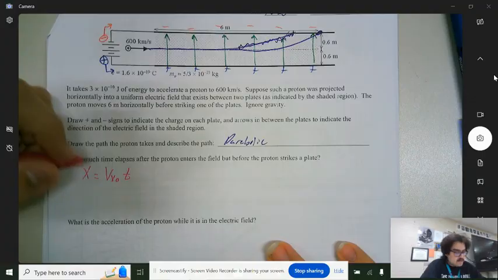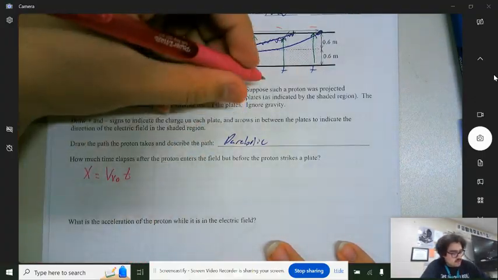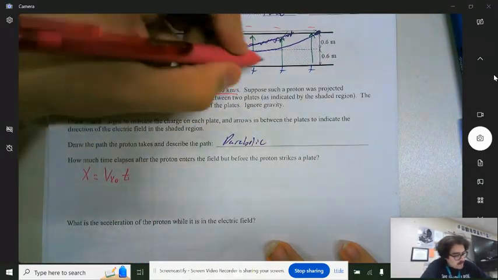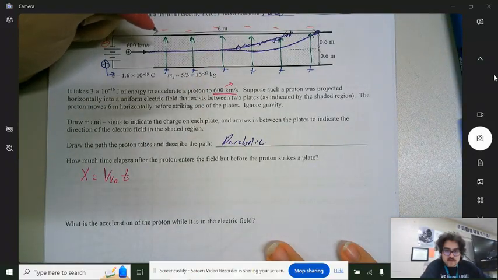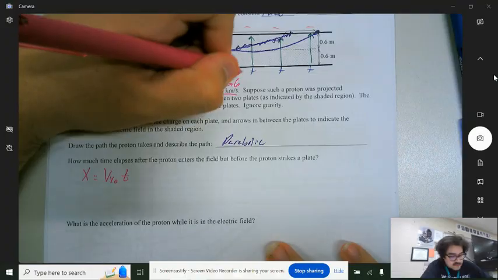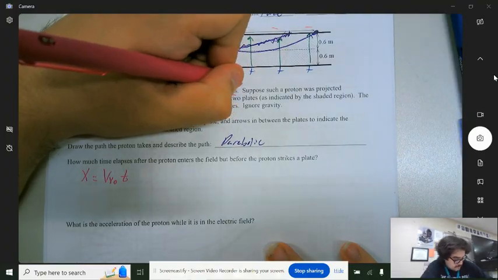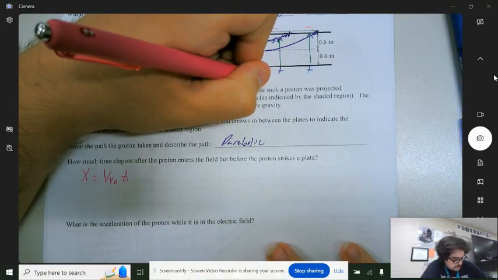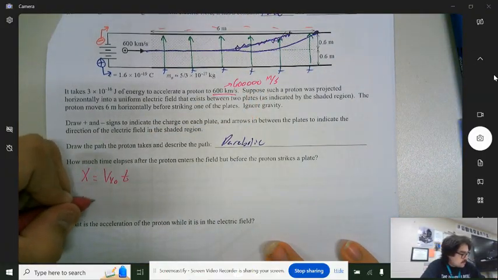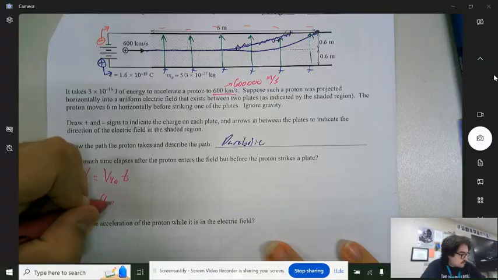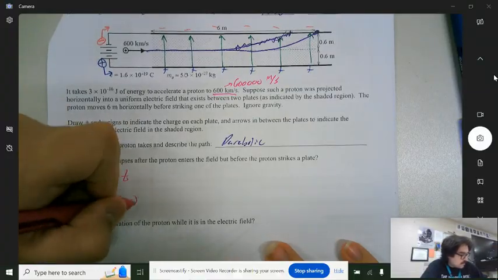Well, vx0 it gives us is 600 kilometers per second, but we need to convert that to meters per second. That would give us 600,000. So then we would do x, which is 6 meters, equals 600,000 times t.